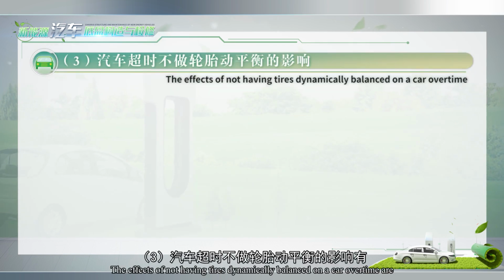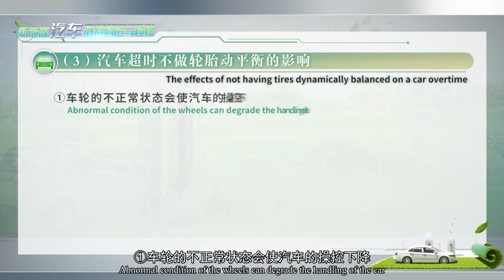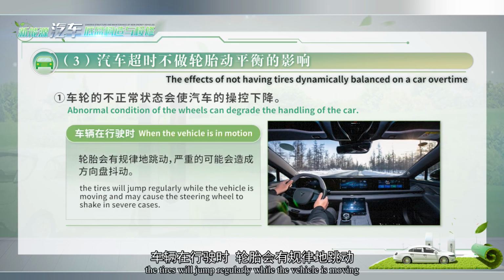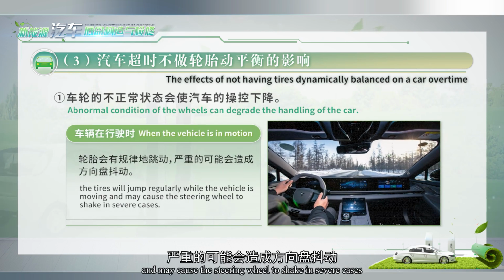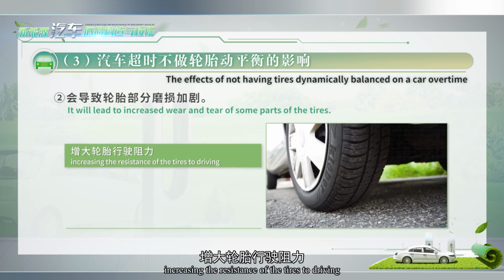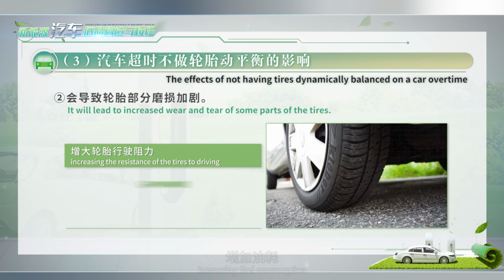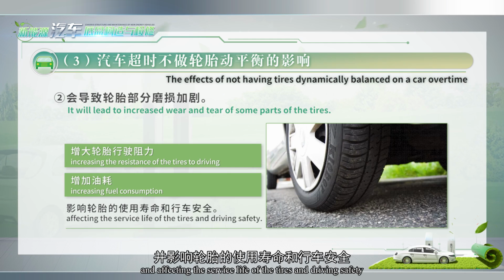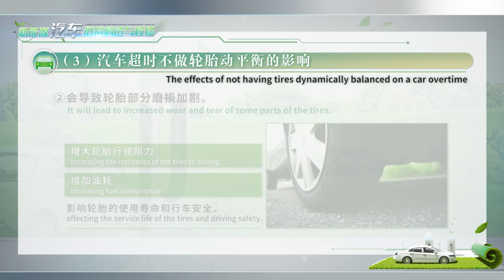The effects of not having tires dynamically balanced on a car over time are: abnormal condition of the wheels can degrade the handling of the car. The tires will jump regularly while the vehicle is moving and may cause the steering wheel to shake in severe cases. It will lead to increased wear and tear of some parts of the tires, increasing the resistance of the tires to driving, increasing fuel consumption, and affecting the service life of the tires and driving safety.